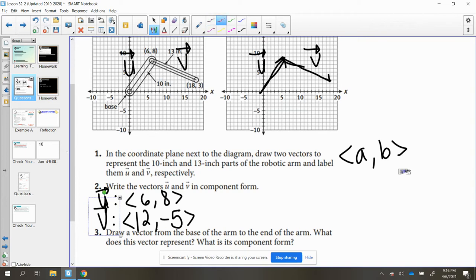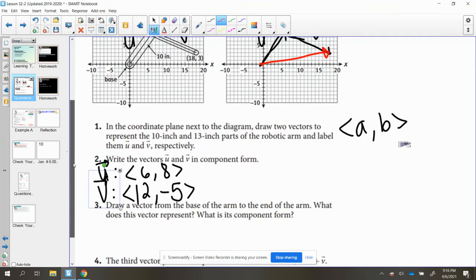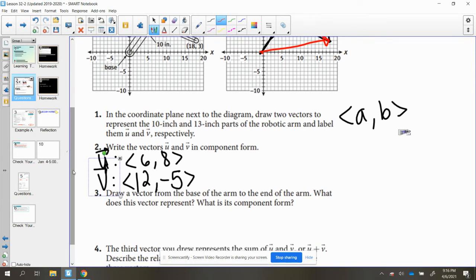What we notice is if we start at the tail of vector U and end up at the head of vector V, so our original starting point and our final ending point, this is going to actually be a combination of U and V. Now notice this one's in standard position, and this new one, 18, 3, would be the movement, the component form of this newly created vector.